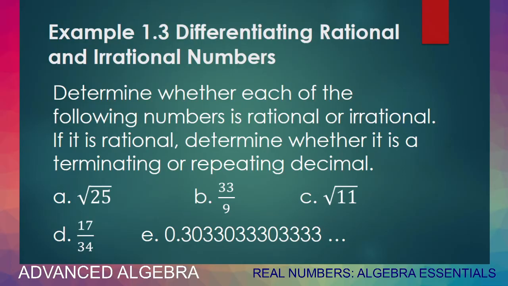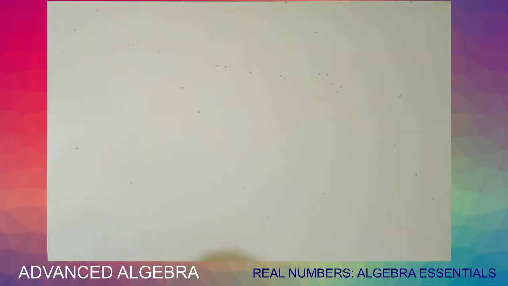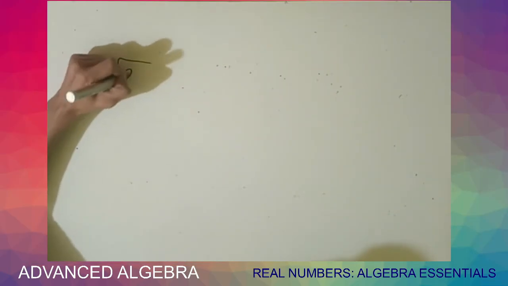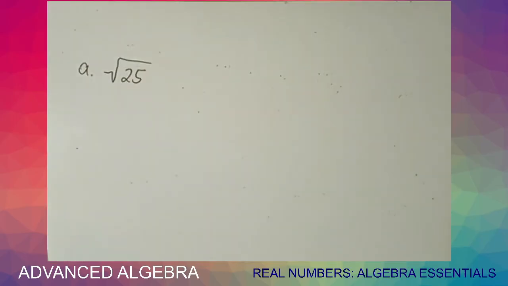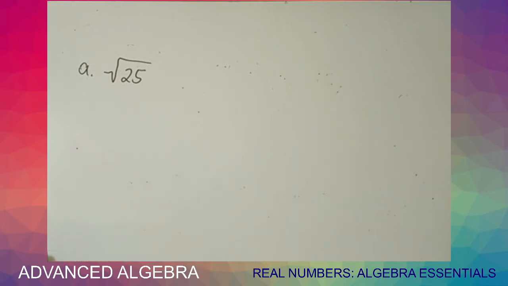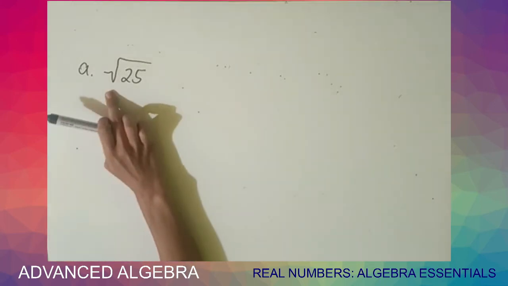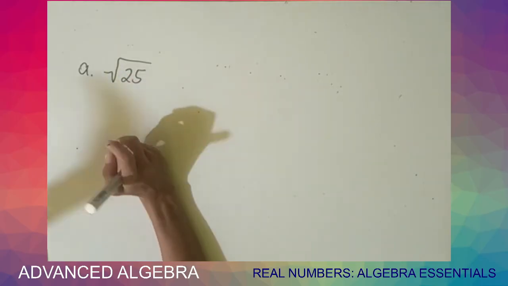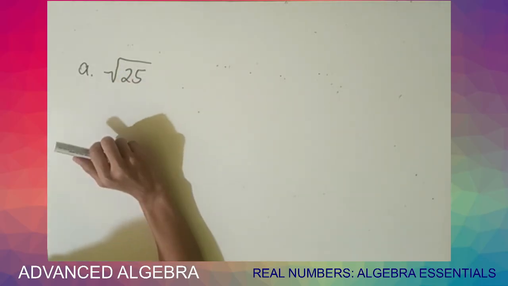Okay. So, letter A. The square root of 25. Sulat natin. Ganyan yung itsura ng square root. Ito kasi nakasanayan namin nung college kami and also in high school, yun yung ginagamit namin.